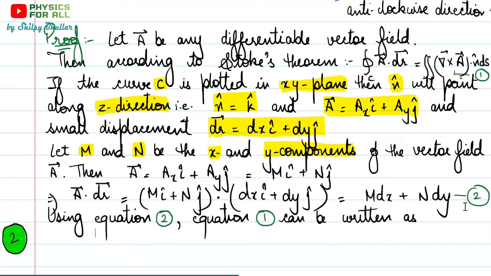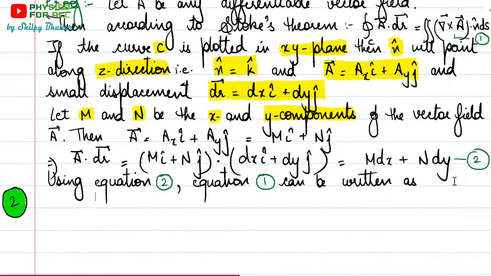Now using equation 2, we can rewrite equation 1 as, instead of a dot dr, now we know the expression that we have is M dx plus N dy. So our equation 1 can be written as this M dx plus N dy, and this is the line integral.